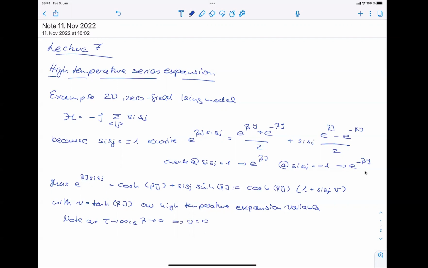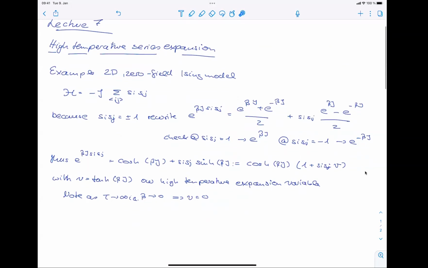So at high temperatures, my V is small, and our aim will now be to show that we can write the partition function as an expansion in orders of V, recovering the result of infinite temperatures for V equals 0, and then looking at how corrections, if we go up in higher orders of V, would change our partition function.